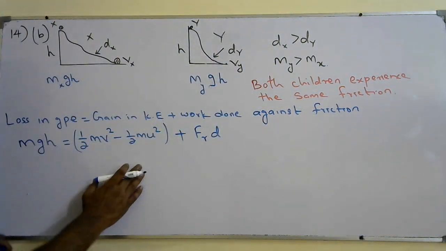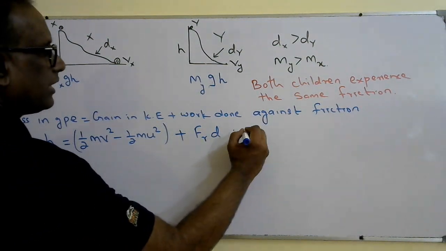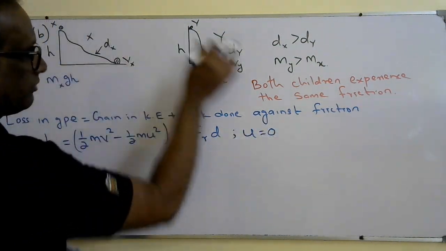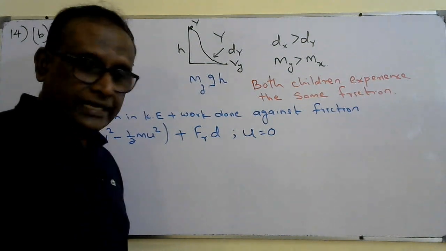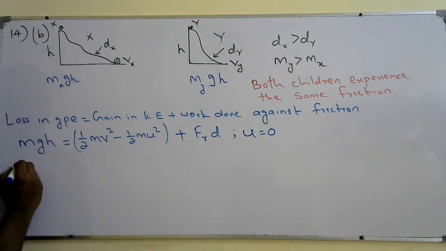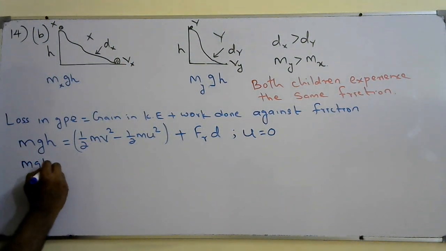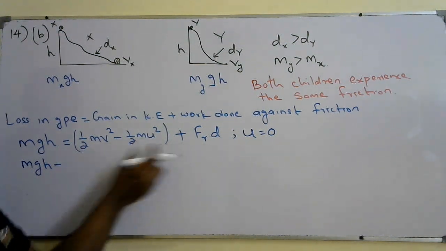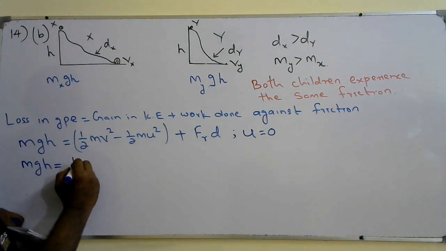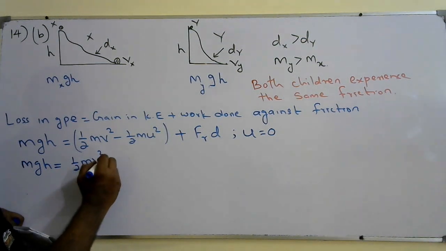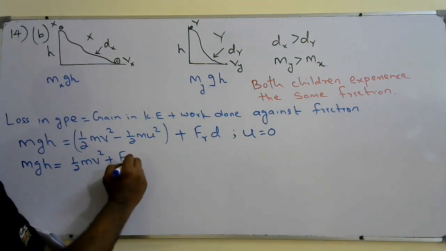Okay, so we'll rearrange this one. u is equal to 0 anyway, initial speed 0. Both children are sliding down from rest. So when u becomes 0, you will have mgh equal to half mv squared plus Fr d.